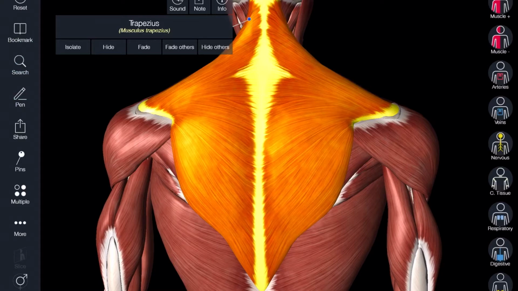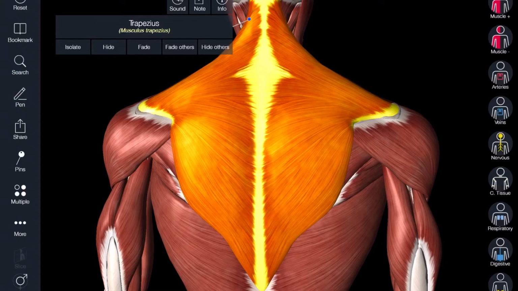So I'll show you what those look like when we have a moving person. So those are actions that the upper fibers are doing. Elevation of the scapula, retraction of the scapula, and upward rotation. Remember, we also called upward rotation lateral rotation of the scapula. And then middle fibers do retraction of the scapula, and lower fibers do depression of the scapula.